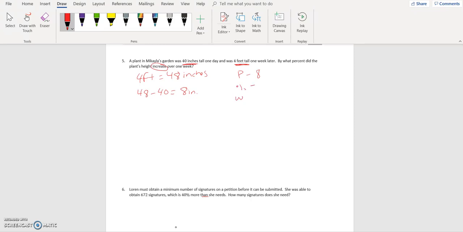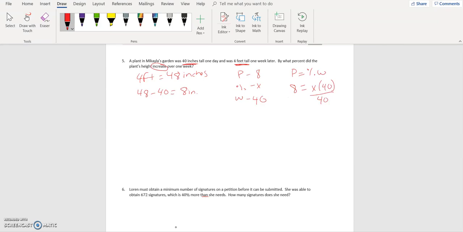And we're looking for the percent, so our whole is going to be 40, our original. So part is equal to percent times whole. 8 is equal to x times 40.